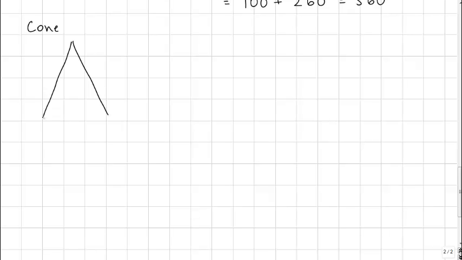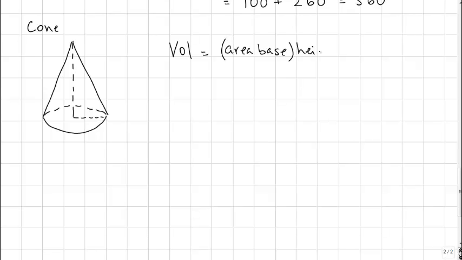It's actually quite important. We have a height and a radius. So the volume is simply equal to the area of the base times the height divided by 3. So that looks exactly like the volume of a pyramid.